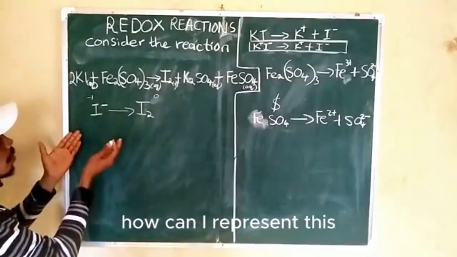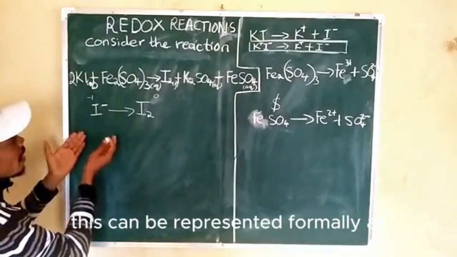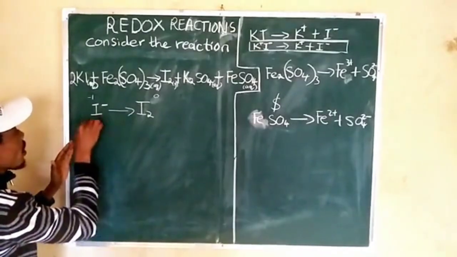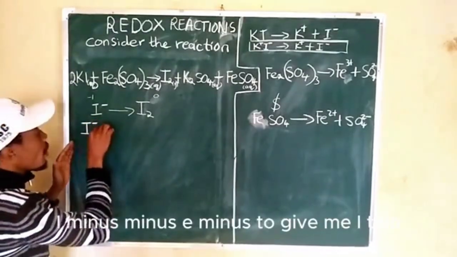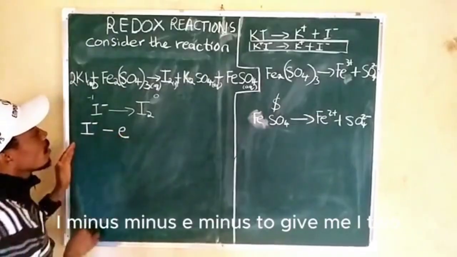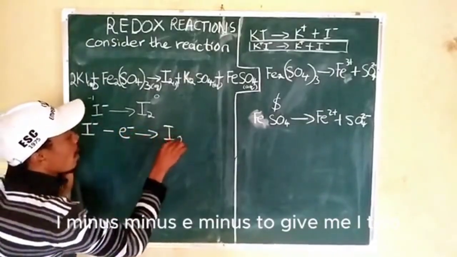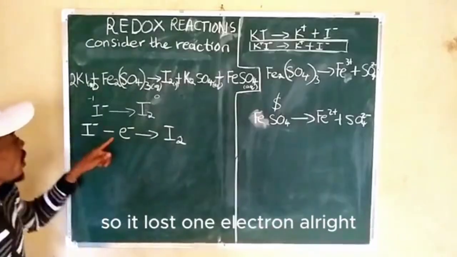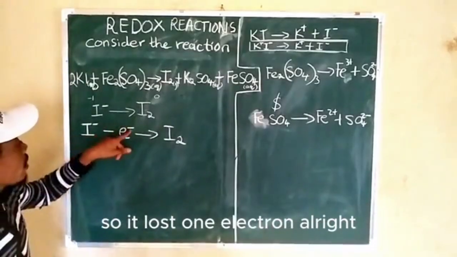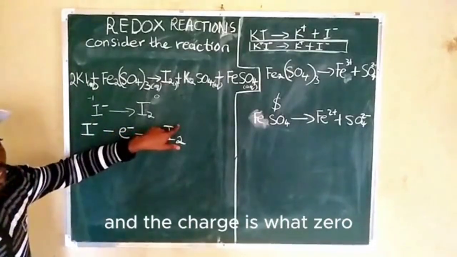How can I represent this? This can be represented formally as I minus, minus e, gives me I2. So it lost one electron, and the charge is 0.